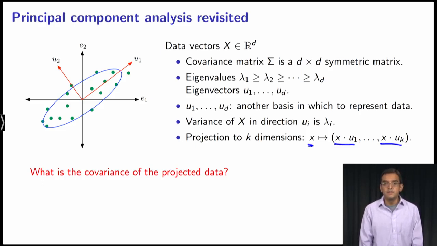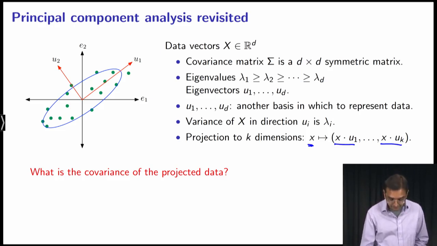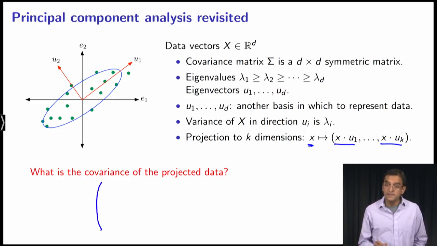Okay, so what is the covariance of the projected data? Let's see. So the first coordinate of the projection is the projection onto u1, and we've seen that the variance in that direction is lambda 1. The variance in direction u2 is lambda 2.